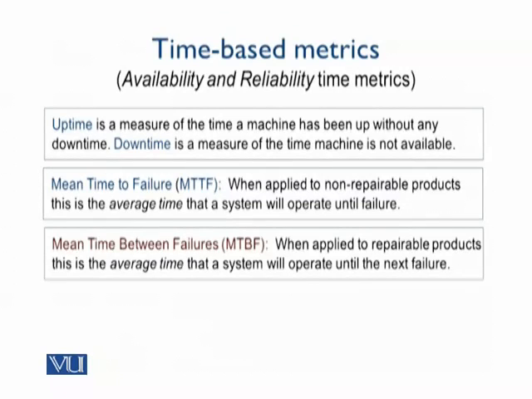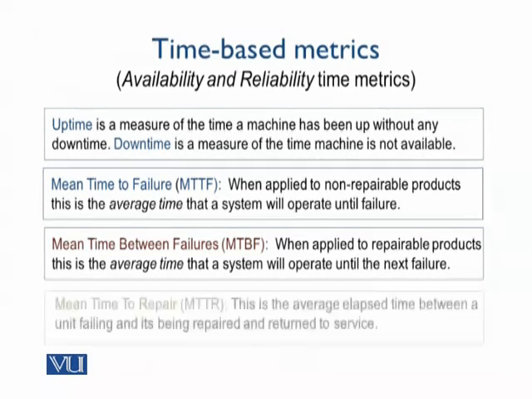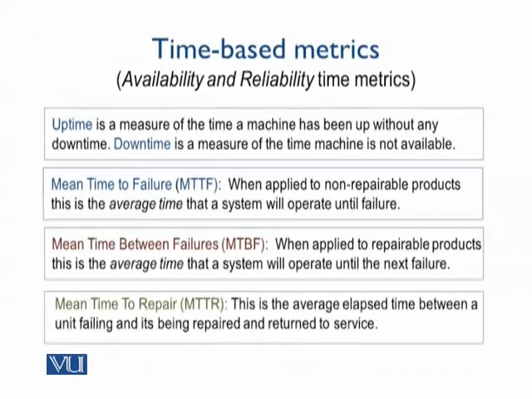You can quantify the reliability of this system by mean time between failures. So mean time between failures के साथ एक और टाइम बेस्ड मेट्रिक भी है जिसको हम मीन टाइम टू रिपेयर कहते हैं, which is if a system goes down, what is the average time it takes to repair the system and get it back up. So these are all examples of time based metrics.